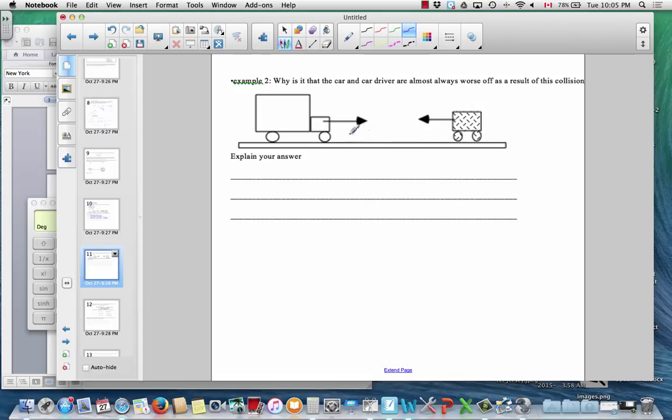Now, that just tells us that the force on the truck is equal and opposite to the force on the car, and I suppose we could just call it F. And the fact that the forces are equal doesn't explain why the car tends to be more damaged.